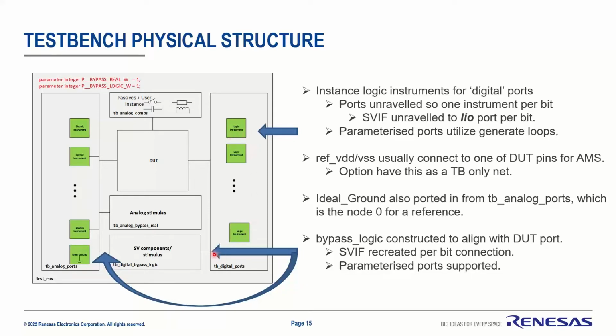That gets reconnected up and goes through a SystemVerilog interface port here to your TB digital bypass logic, where you've got access to the interface again. The ref VDDs on this are used for AMS only, and similarly the bypass logic comes from here. And it basically means that you could have a UVC running through an electrical instrument or a logic without any issues.